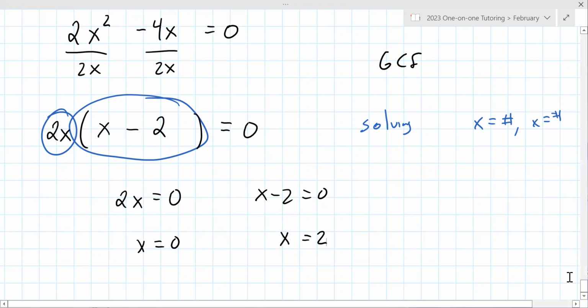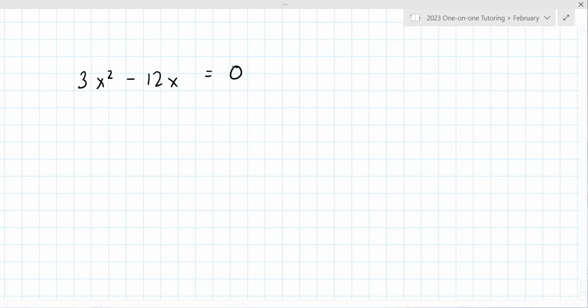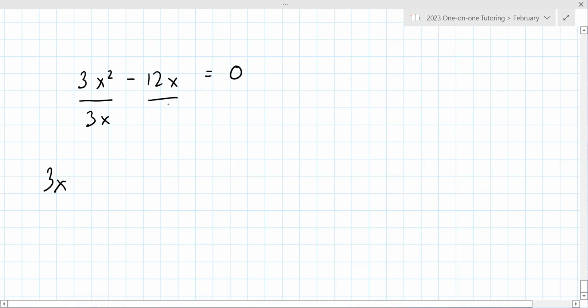Okay. Let's try another one here. Let's go 3x squared minus 12x equals 0. Again, tell me the GCF is the first thing. What is the GCF? 3x is the GCF. So you're dividing each of these by 3x.